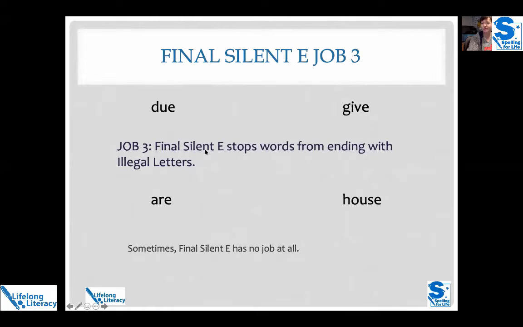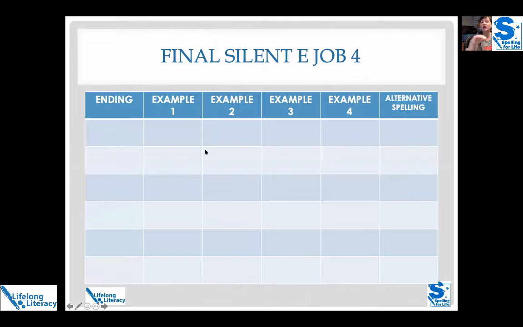Am I still sharing? No, I'm not. So the last thing that I'm going to share with you is what's happening on Monday. On Monday, we are lifting off into a much, much higher level. We're going to look at final silent E, job 4, the 4th thing that it does.